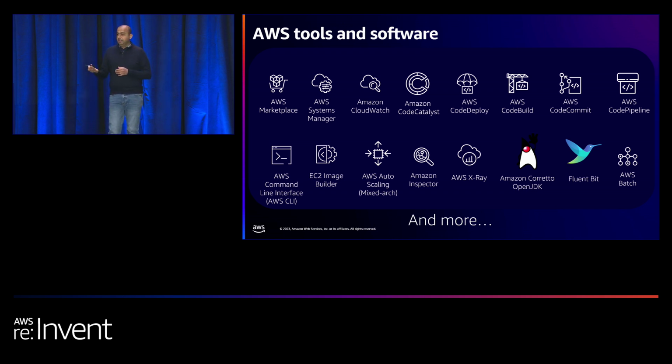It includes capabilities like Auto Scaling groups, where you can also use mixed architectures and support both x86 and ARM64. It also includes software like Amazon Corretto, our open source distribution of OpenJDK. There are services like AWS Batch, as well as the AWS Marketplace with thousands of software listings, where you can also find ARM64 equivalents of that software.